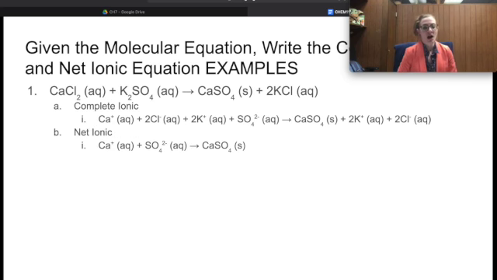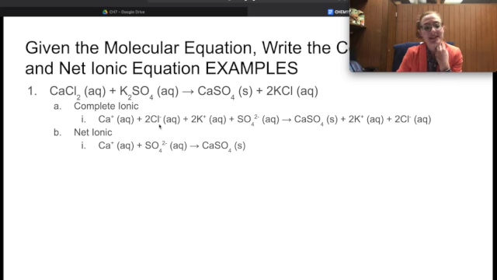So if we want to write the net ionic equation, we look for our solid. We find the cation in our solid, we find the anion in our solid, and we get rid of anything that's a spectator ion. So if my solid is calcium sulfate, my net ionic equation will contain the calcium ion and the sulfate ion.